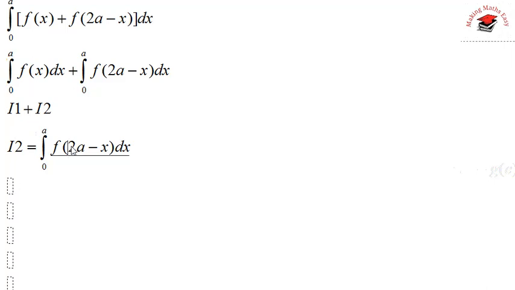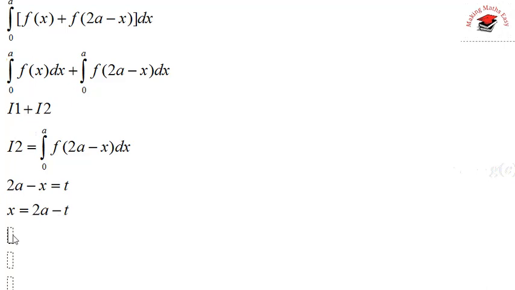So 2a can be written as a plus a, but we will not write it, and we will substitute the value for this integral. Let us substitute 2a minus x equal to t, so the value of x will be equal to 2a minus t. As I have taken t on the left hand side it becomes negative, and x on the right hand side becomes positive.